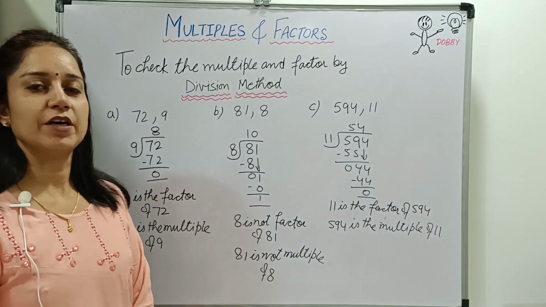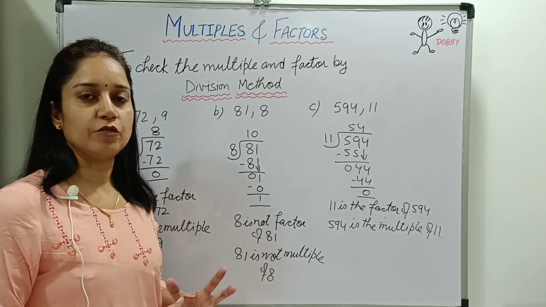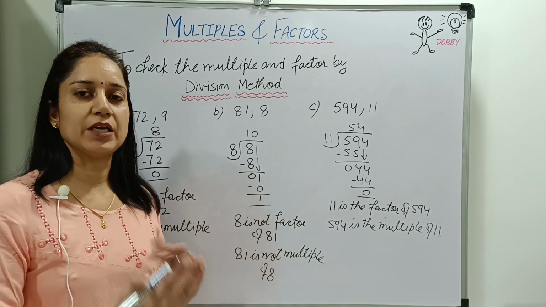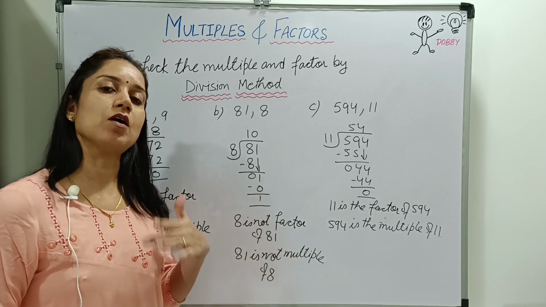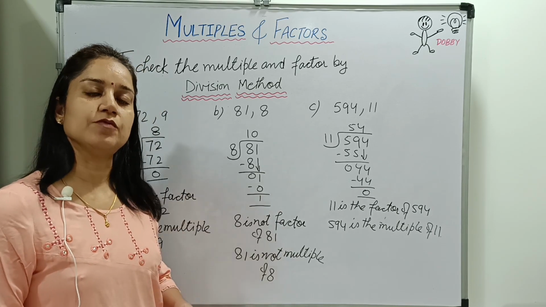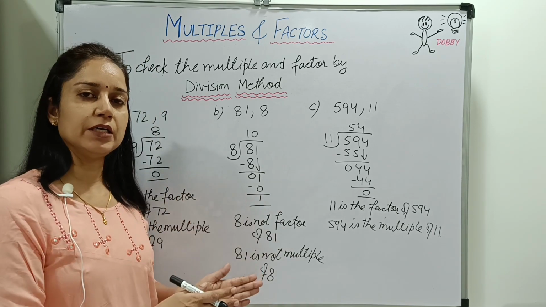So I hope you have understood how to check whether two given numbers are multiples and factors of each other when it is fully divisible. Always the smaller number is a factor of the bigger number and the bigger number is always a multiple of the smaller number.